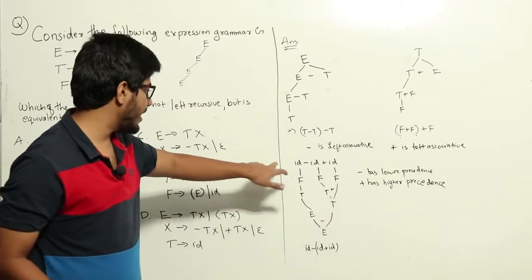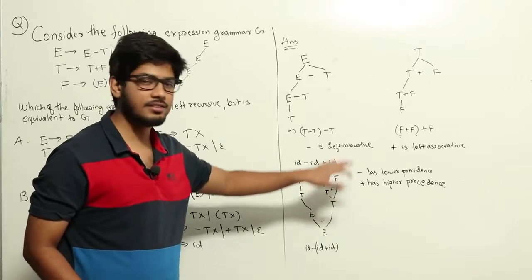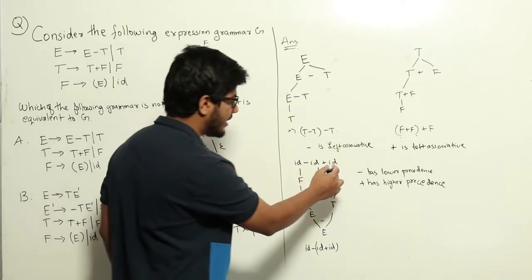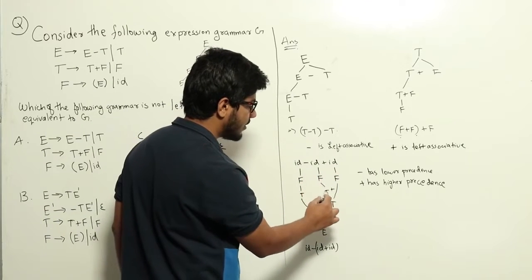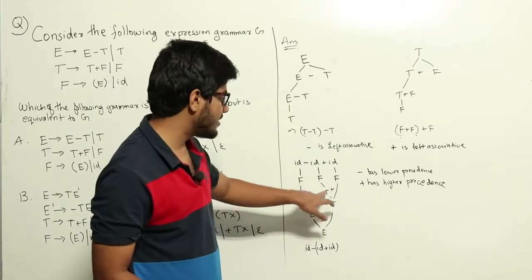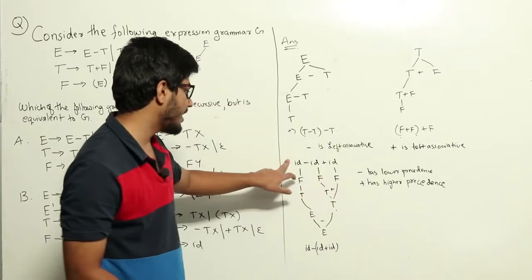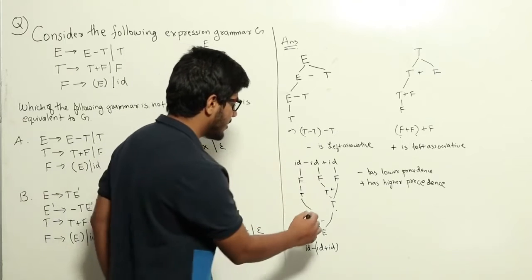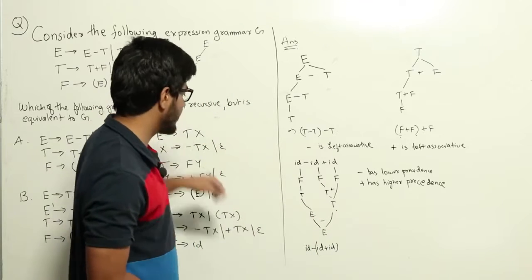Now let us say I have an expression, the final string id minus id plus id. So how can I get this string from the grammar? How I will do that is, id I will resolve to F, this id also I will resolve to F, and this F I will resolve to T. Now I can apply T plus F, T gives T plus F, which I have done here. Similarly, this id I will resolve to F, F I will resolve to T, T I will resolve to E. Now I can do E minus T, E gives E minus T, like in the first one.